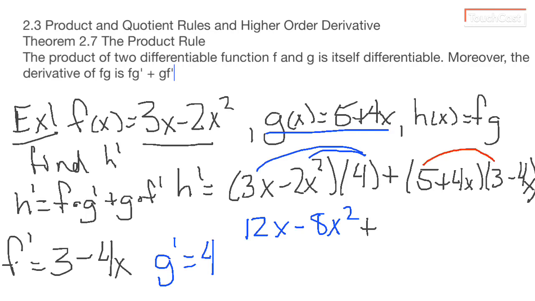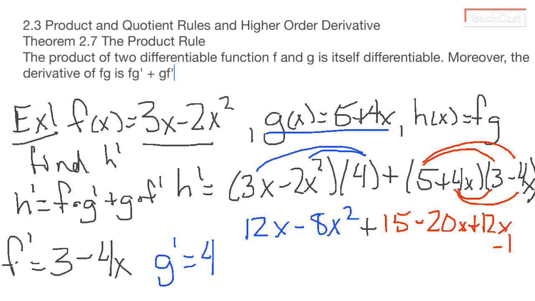We'll go 5 times 3 is 15, 5 times negative 4x is minus 20x, 4x times 3 is plus 12x, and 4x times negative 4x is minus 16x squared.